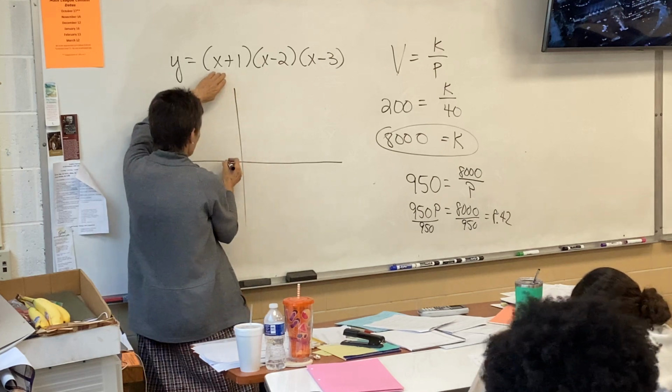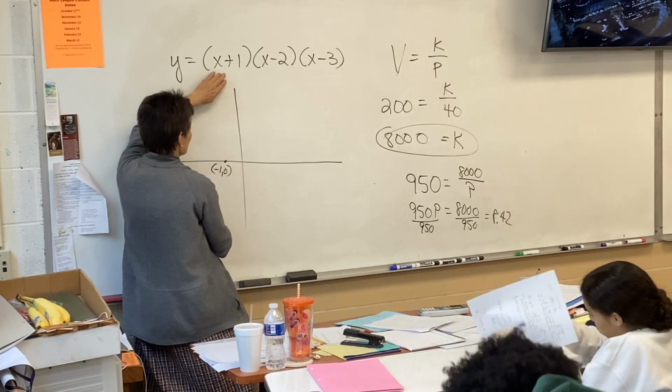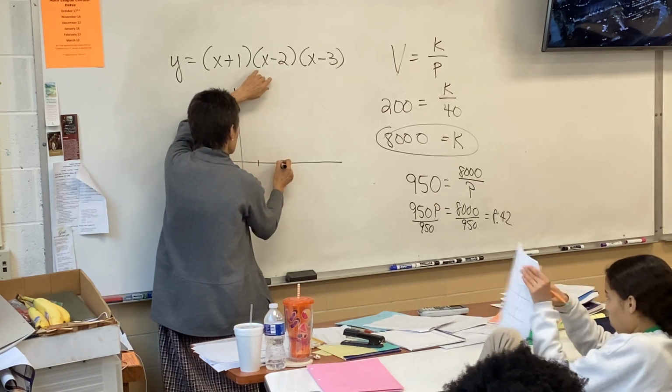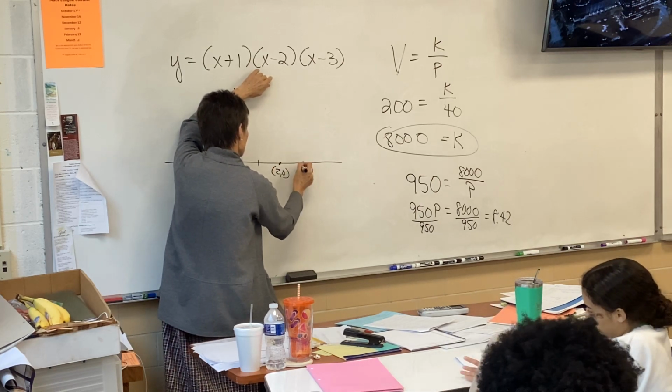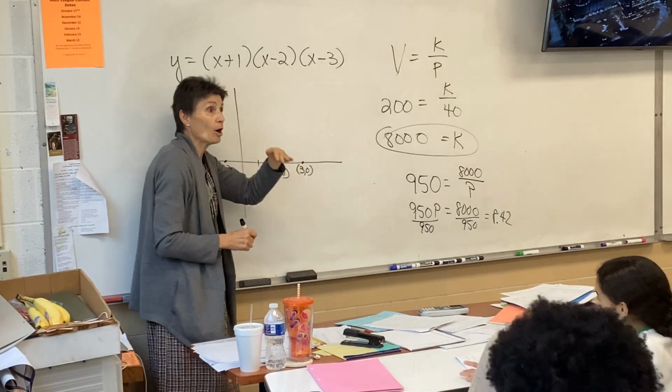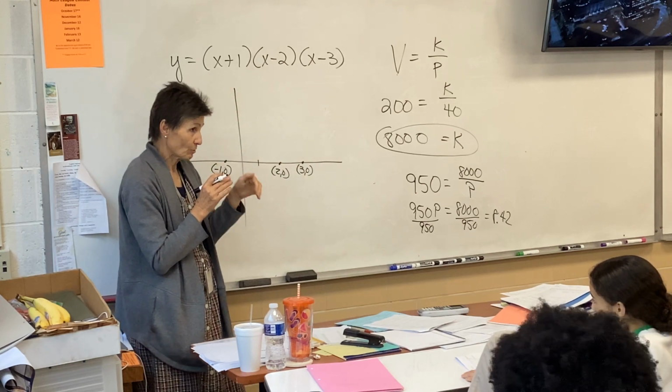So I know that I'm going to have a dot on my x-axis at -1, a dot at 2, and a dot at 3. So we begin our problem by plotting our x-intercepts.